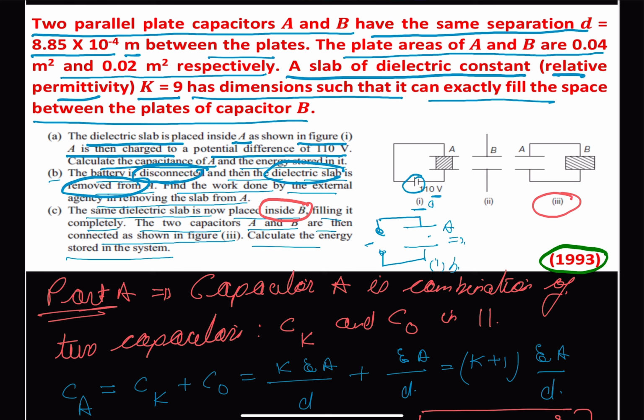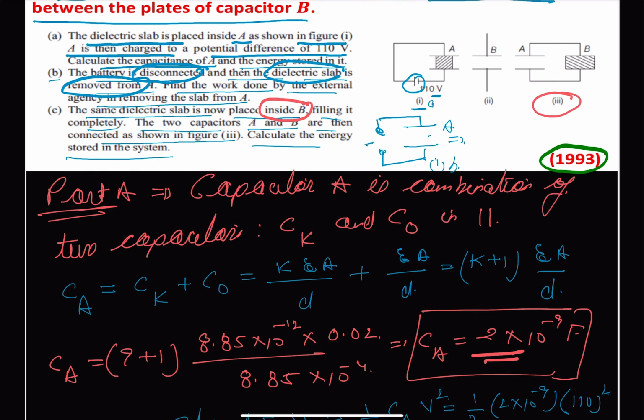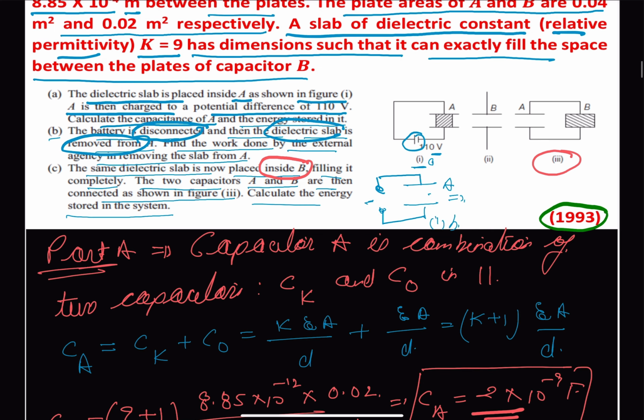The plate areas of... okay. Here we have to keep in mind that the area of the dielectric, especially in our first part, will be equal to the area of our capacitor B, because the dielectric fits the capacitor B completely.